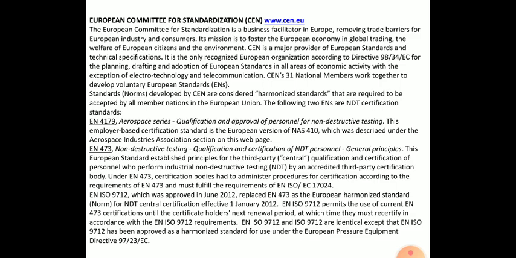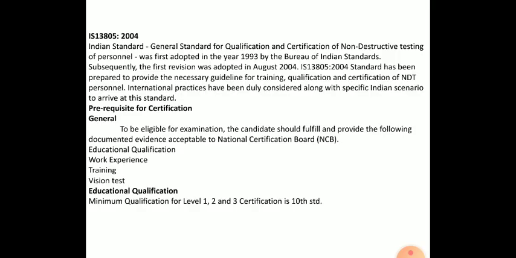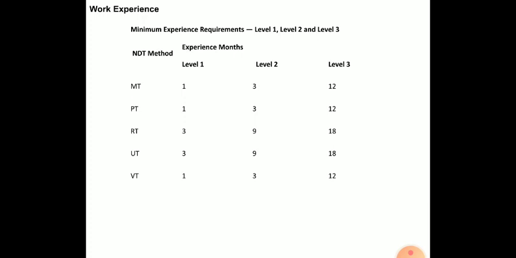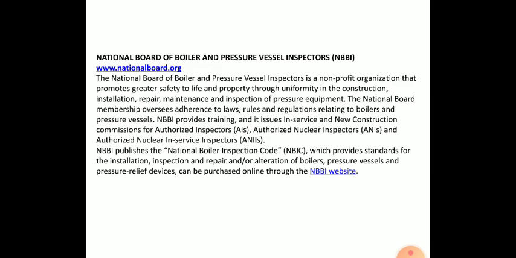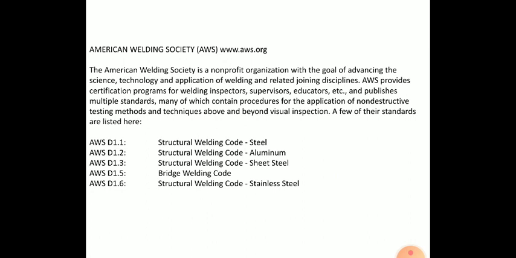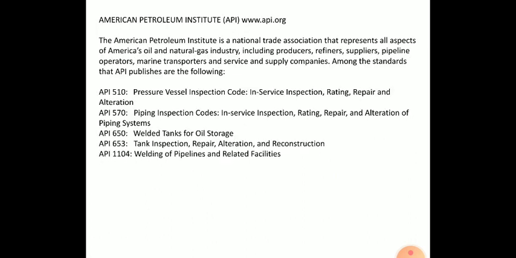Then the ISO system and the European nations. And this is the Indian standard, followed by the Bureau of Indian Standards. These are the basic work experience and training to be provided for welding and NDT qualification.